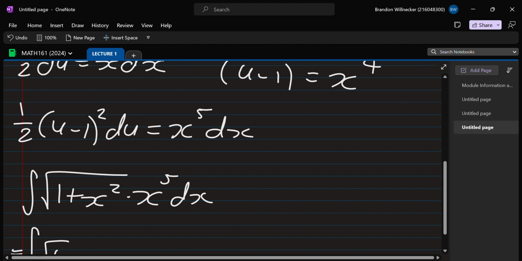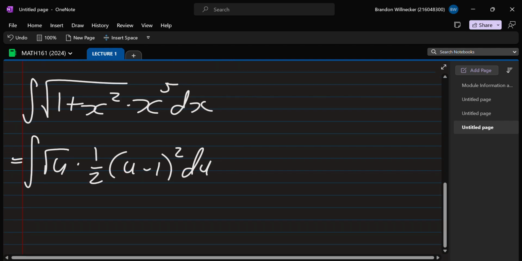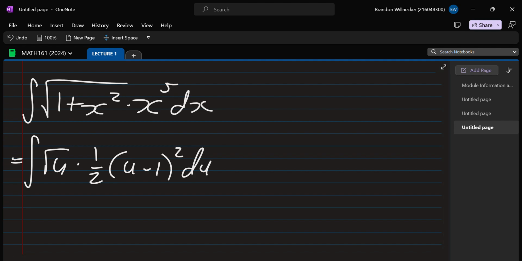That's going to be 1/2 u minus 1 squared, and then the du. So now everything was changed from x to u. Now, it looks like we haven't simplified it much. We had a root and some power. Now we still have a root and we still have some power. So it looks like we haven't done anything.